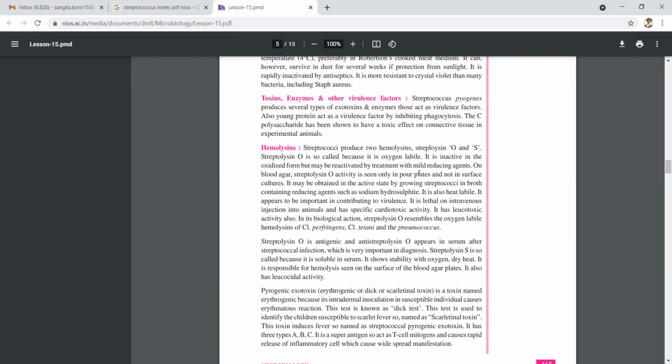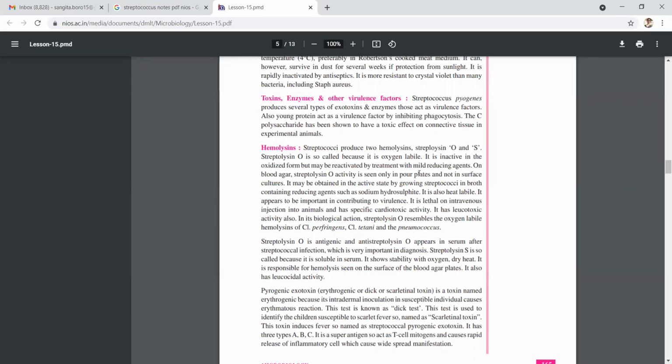On blood agar, streptolysin O activity is seen only in the pour plate method and not in the surface culture. It may be obtained in the active state by growing the streptococci in broth containing reducing agents such as sodium hydrosulfite. It is also heat labile. It appears to be important in contributing to virulence.